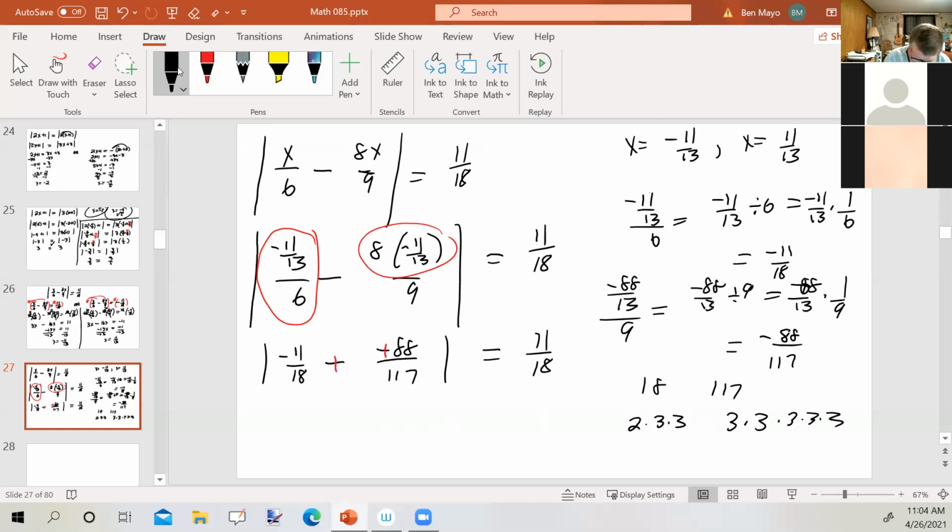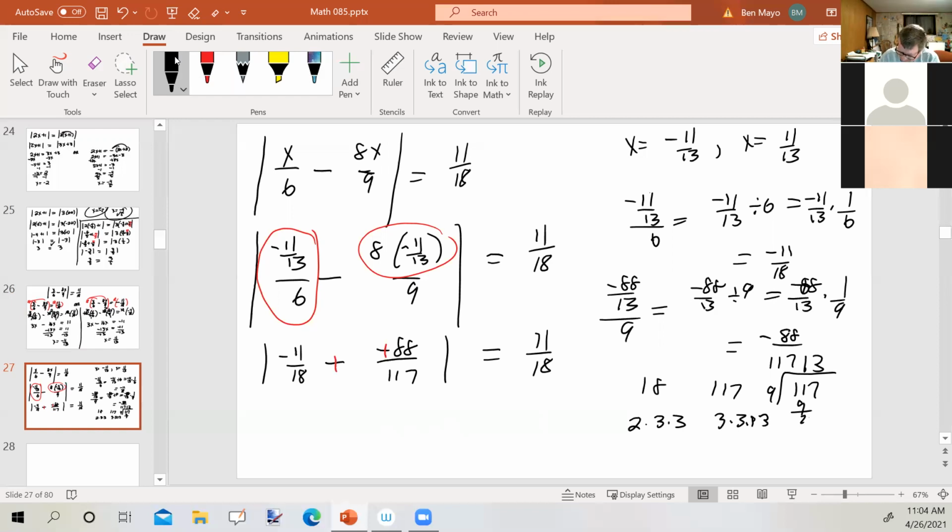No, that's not right. Too many threes there. Hang on. Let's see here. 117 divided by 9 is 13. Yeah, 13. Okay, so this is 3 times 3 times 13.